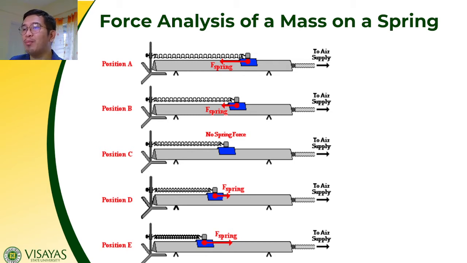Now, the glider begins to move to the right of point C, and as it does, the spring force acts leftward upon the rightward moving glider. This restoring force causes the glider to slow down during the entire path from position C to position B to position A.